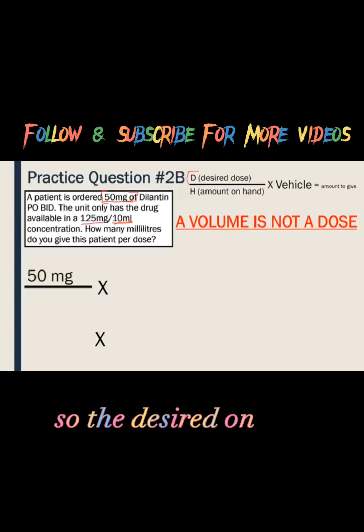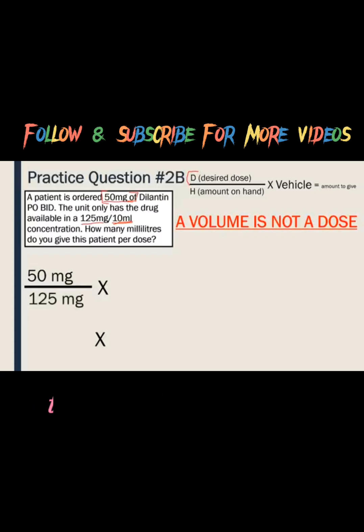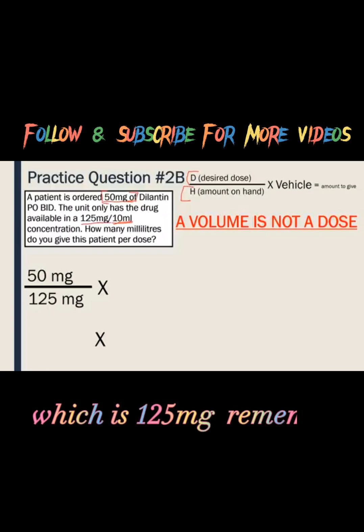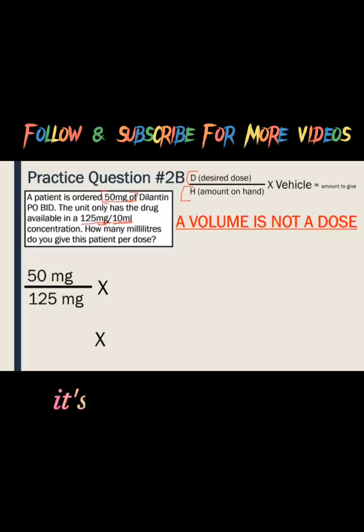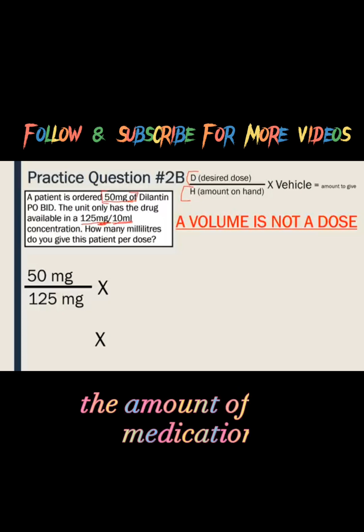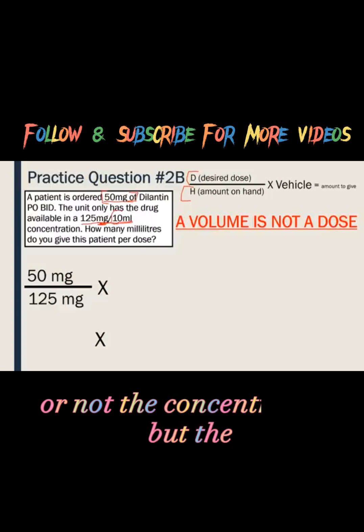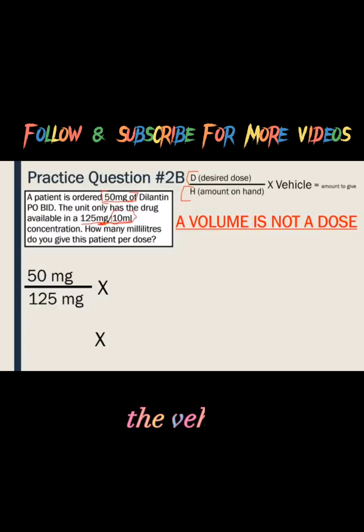So the desired dose, obviously the same as last time, 50 milligrams. The amount we have on hand is 125 milligrams. Remember, not a volume, it's the actual dose, the weight, the amount of the medication. And then we're going to multiply that by the vehicle.